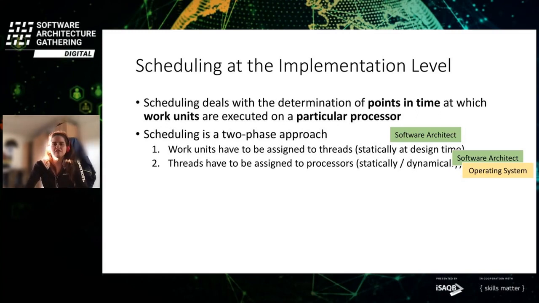So as an architect, I have to assign priorities and also tell the operating system something about dependencies in my program. With the analysis that I performed on the architectural level, I can then give the information to the operating system, and then the operating system can create a schedule which follows these constraints that I have given as an architect of this system.